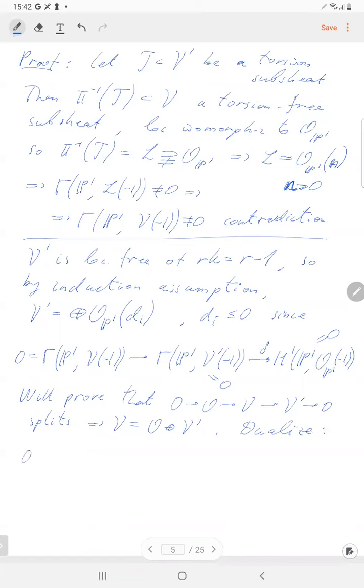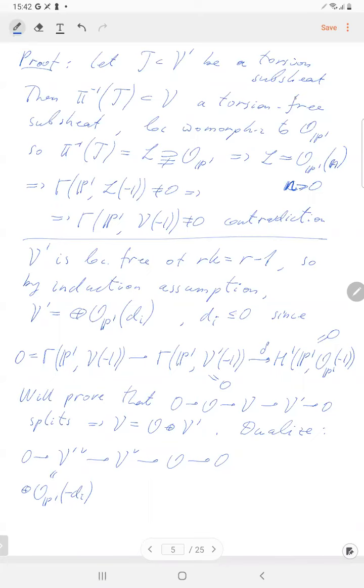We'll have 0 to V prime dual to V dual to O dual, but O dual is again O. And now this thing V prime dual is the direct sum of negative d_i's, and those negative d_i's are all non-negative, right?